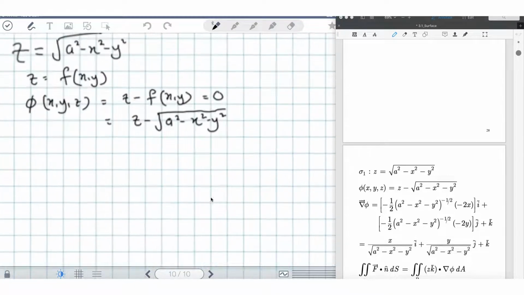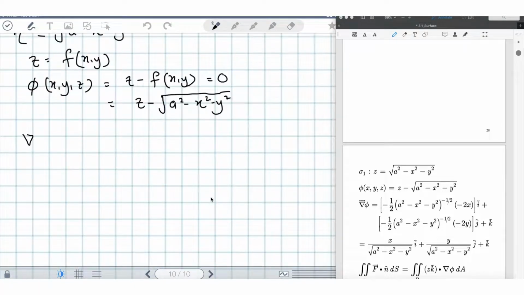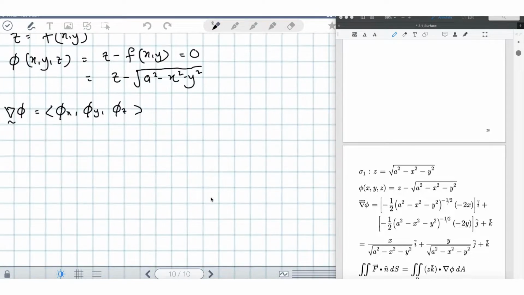Okay, so now we obtain the gradient of phi, where we have phi x, phi y, phi z. This is not Q, sorry about that. Phi. Okay, so differentiate the equation here with respect to x.